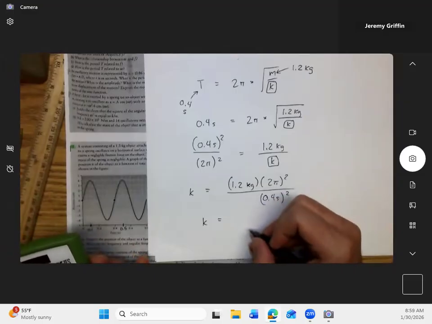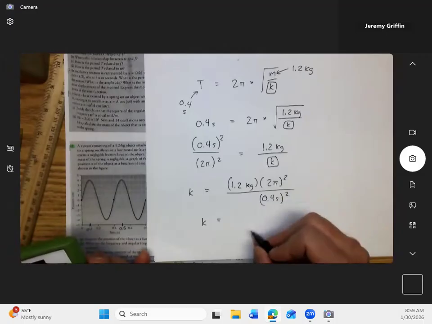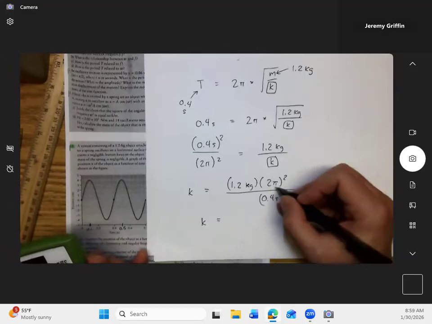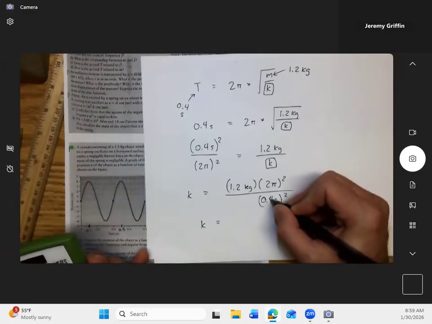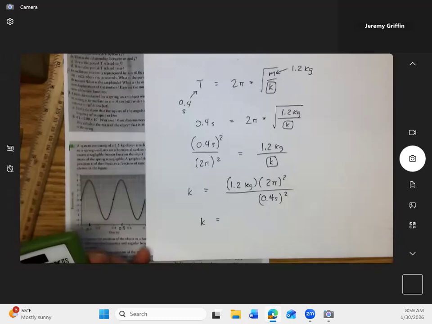Okay, I've got a number on my screen. Somebody tell me what number is on my calculator screen. I got 0.60. Nope, doesn't sound right.